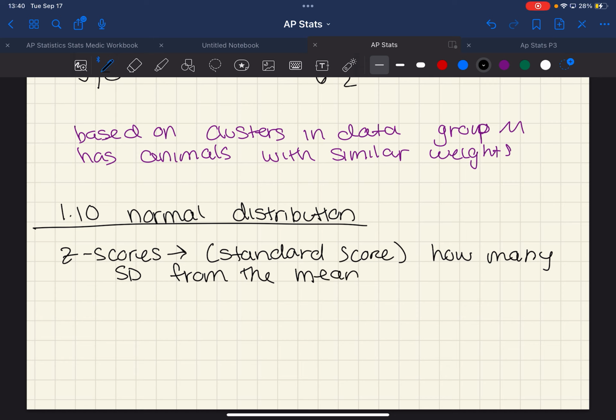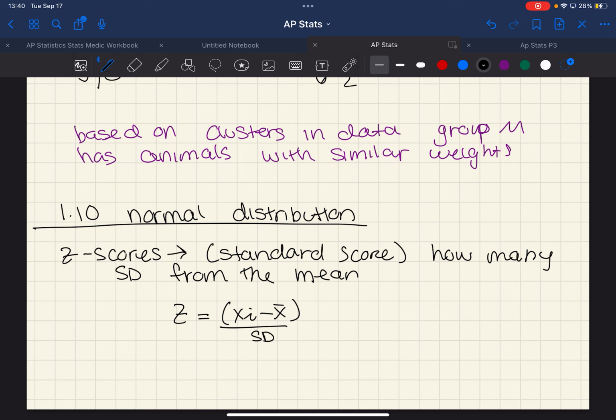And we use the formula z is equal to xi minus x bar divided by standard deviation. Okay, remember xi is any data point, x bar is the mean, and SD is standard deviation.